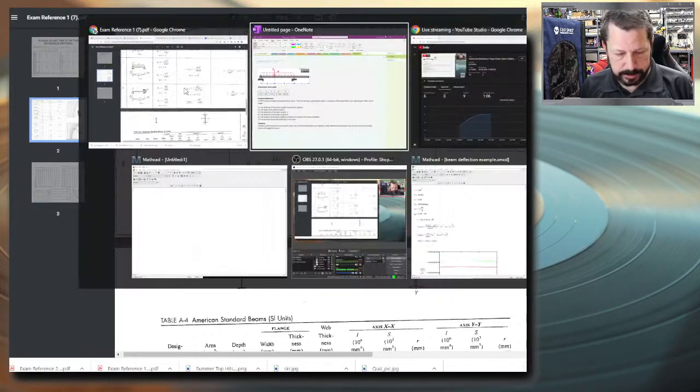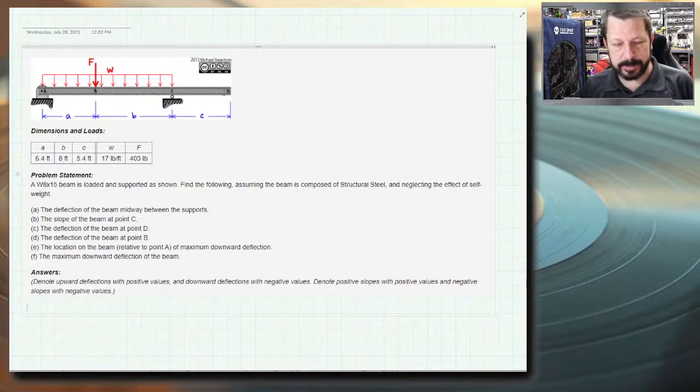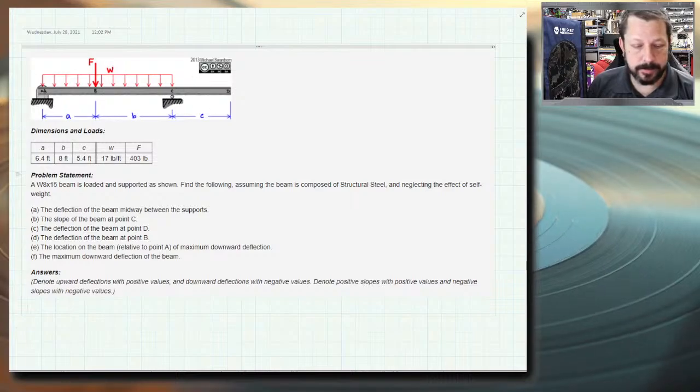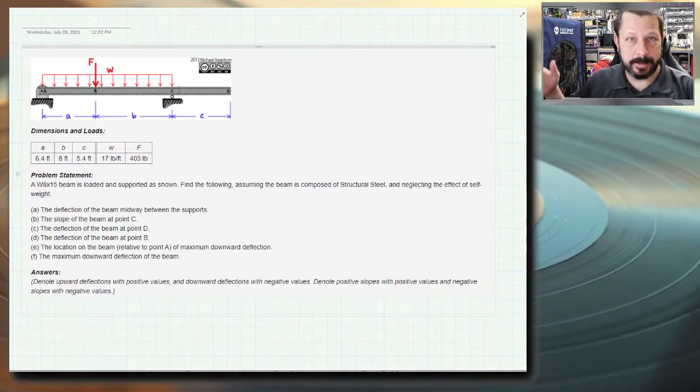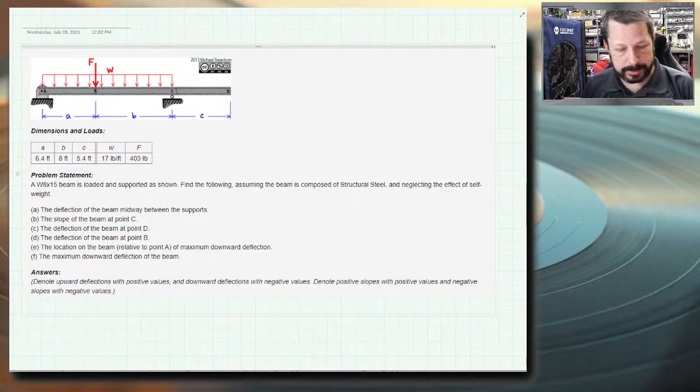Now our beam actually has this little cantilevered section CD that, since we're neglecting self-weight, it's not doing anything to the span between point A and C, the pin and the roller. Now if it had self-weight, that would be a distributed load out here, and we'd have to figure out, well, it's actually going to make the middle of the beam sag a little bit less because this cantilevered section is pulling it back up. But we're neglecting that, so we're not using it.